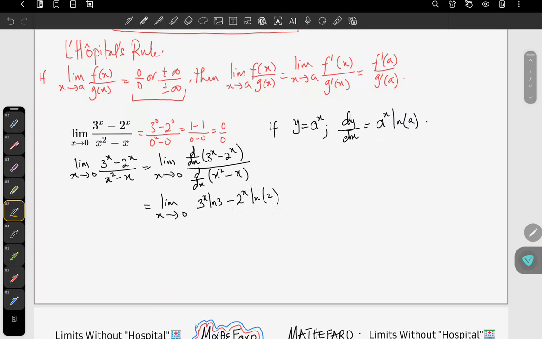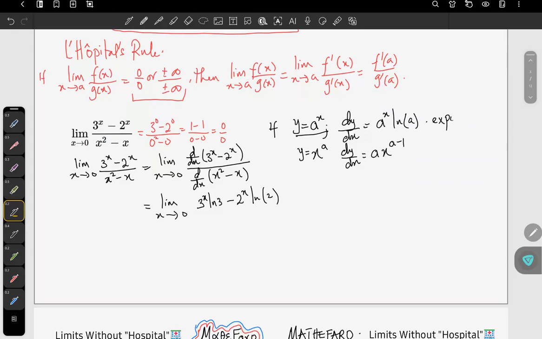This is an exponential function, so it's different from the power function x raised to power a, where a is a constant, possibly preferably an integer or even a rational number will work. So the dy/dx here is equal to a x raised to power a minus 1. So there are two different things.